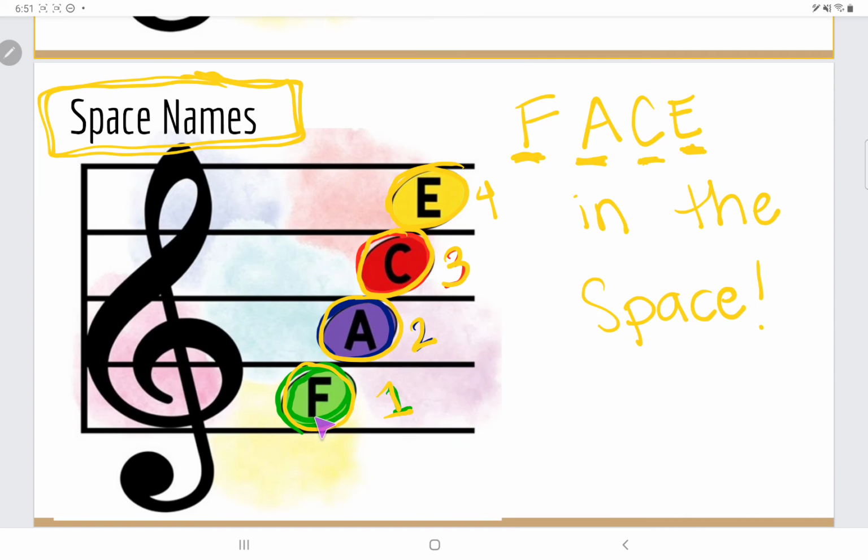So when you write this first note and you write the number 1, an F needs to go inside that one, okay? At the very top, you can also write space names so that you don't forget. Go ahead and pause this video, and I want your notes to look just like my slide. Okay, scholars, so now if you have your space names, your notes, and your face in the space written on the side, we are going to move forward.